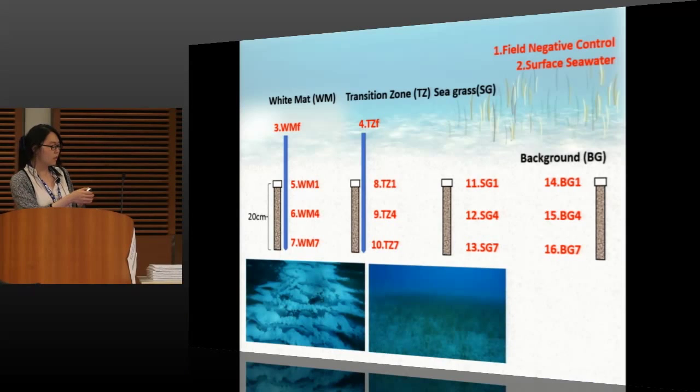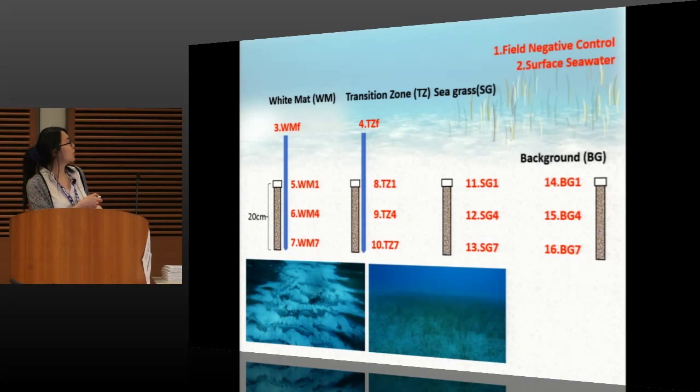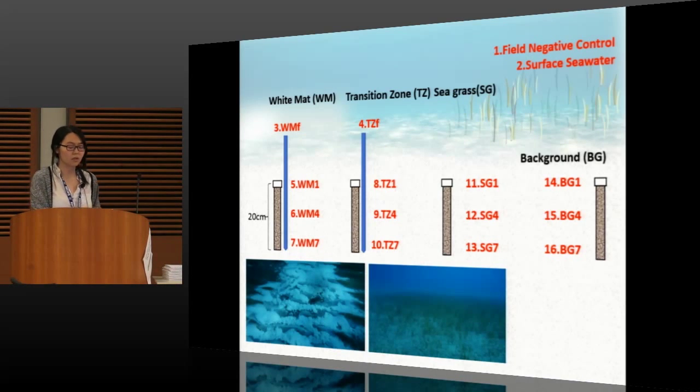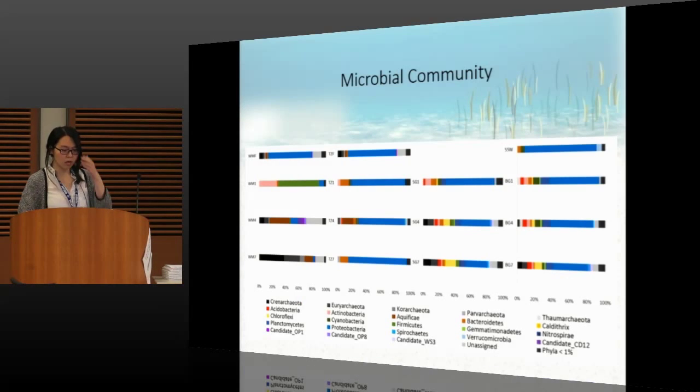So I chose 16 samples and sent them for sequencing. They include 3 samples from each sediment core, from top, middle, and bottom, the venting fluid from the white mat, the pore fluid from the transition zone, the surface seawater, and the field negative control. This is preliminary data I just got around a month ago.